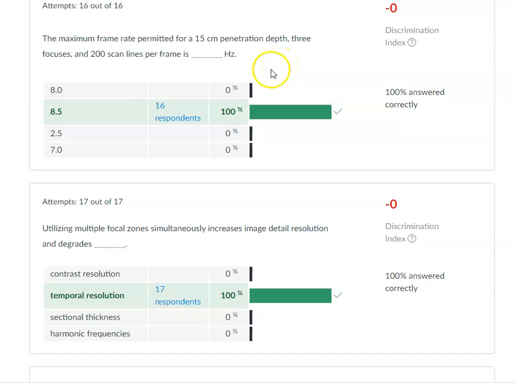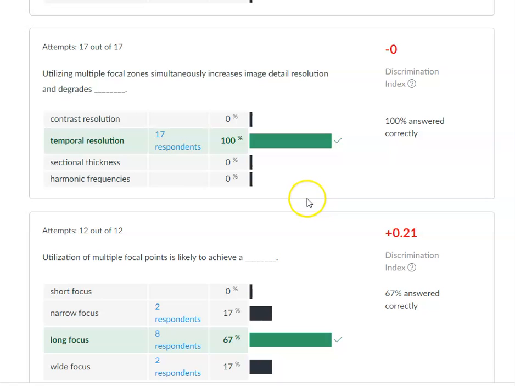Then you take the reciprocal of that, and we end up with 8.5 hertz. Everyone that got that question got it correct, and since it was straight out of the book, I'm not too surprised.